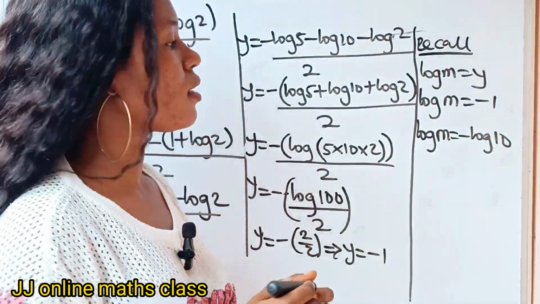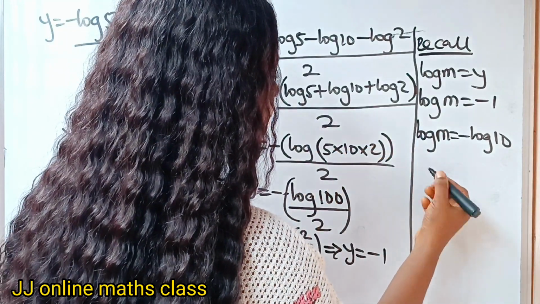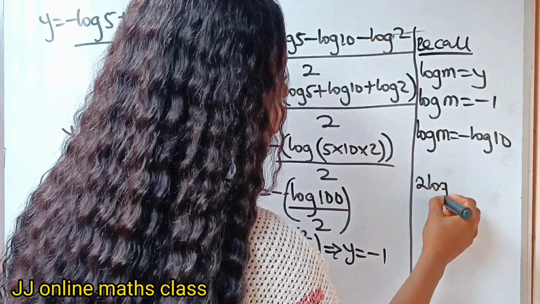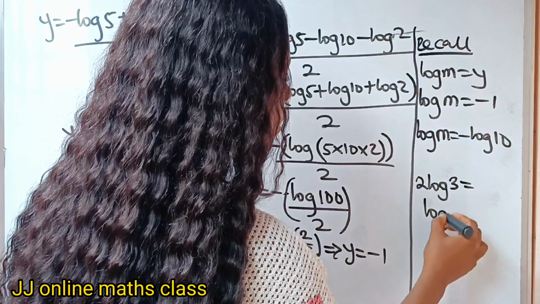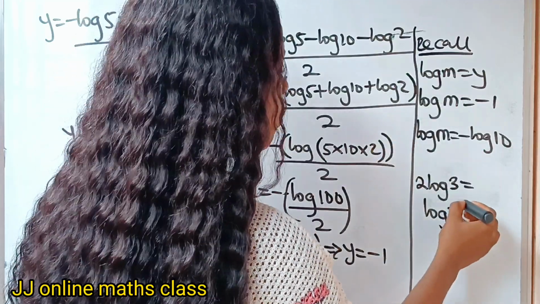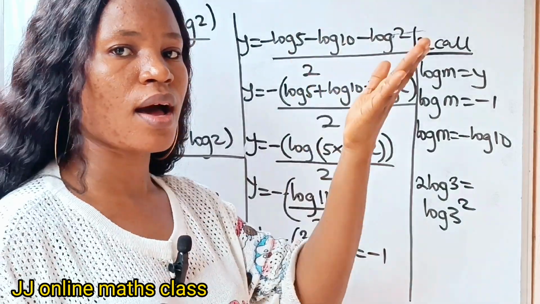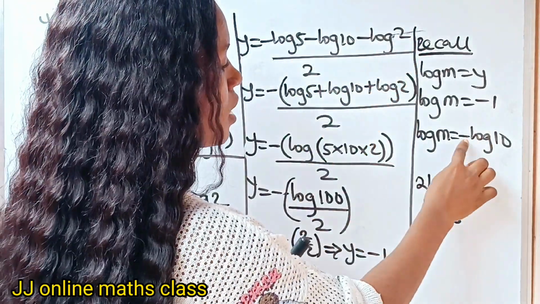Now remember again that when you have, for example, 2 log 3, you can write it as log 3 squared. We bring the 2 up so it becomes an exponent. We are going to do the same thing here.